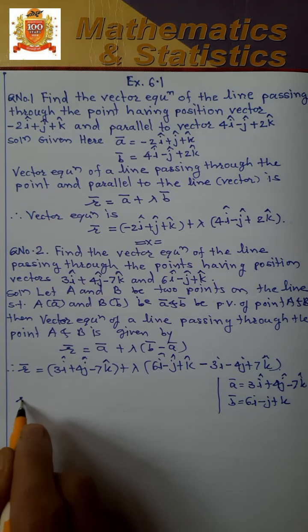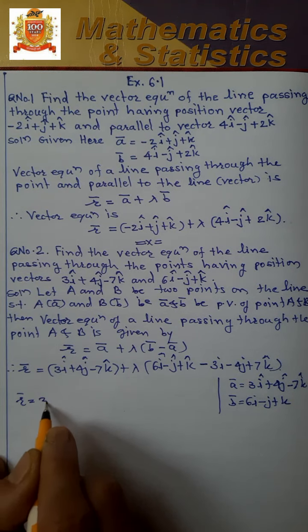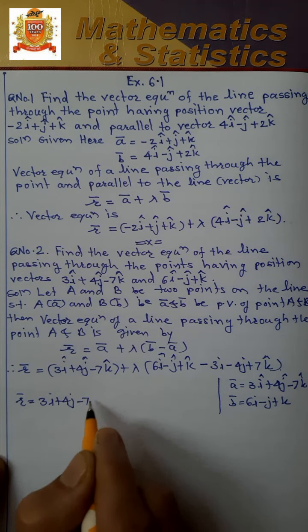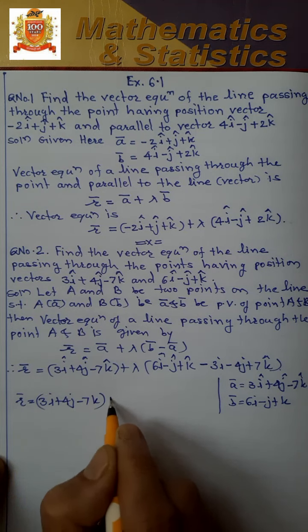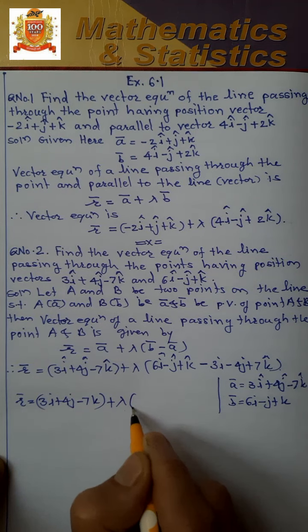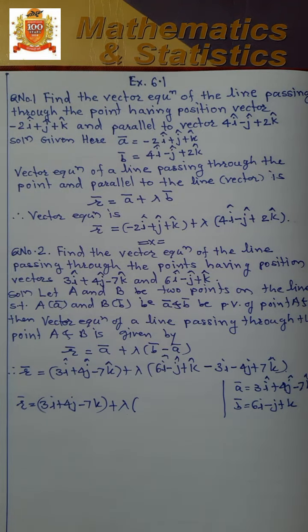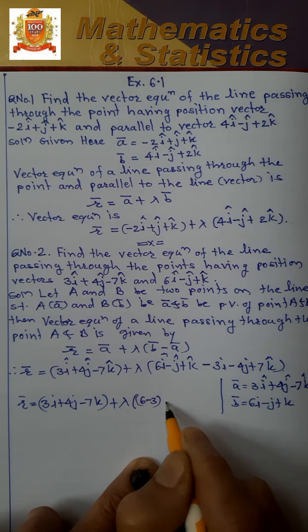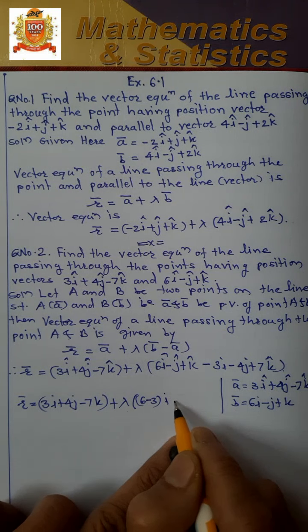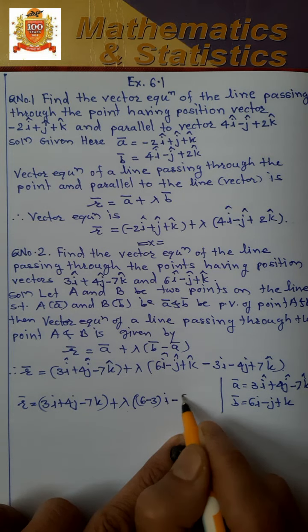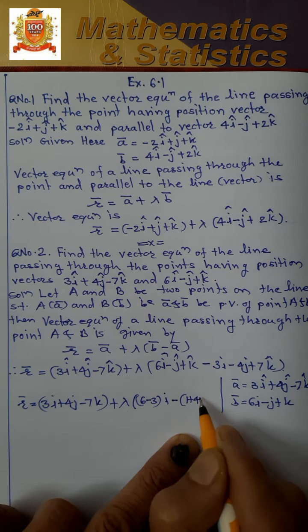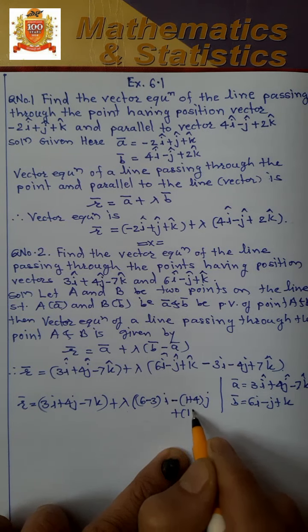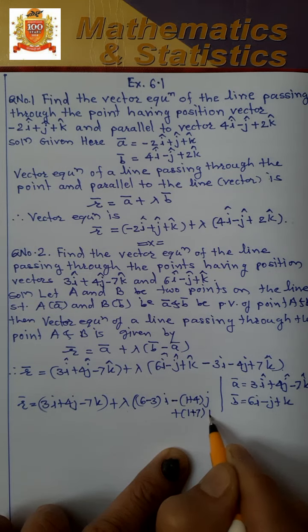Now solving this, r bar is equal to 3i plus 4j minus 7k plus lambda in bracket, 6 minus 3 into i, minus 1 plus 4 into j, plus 1 plus 7 into k.